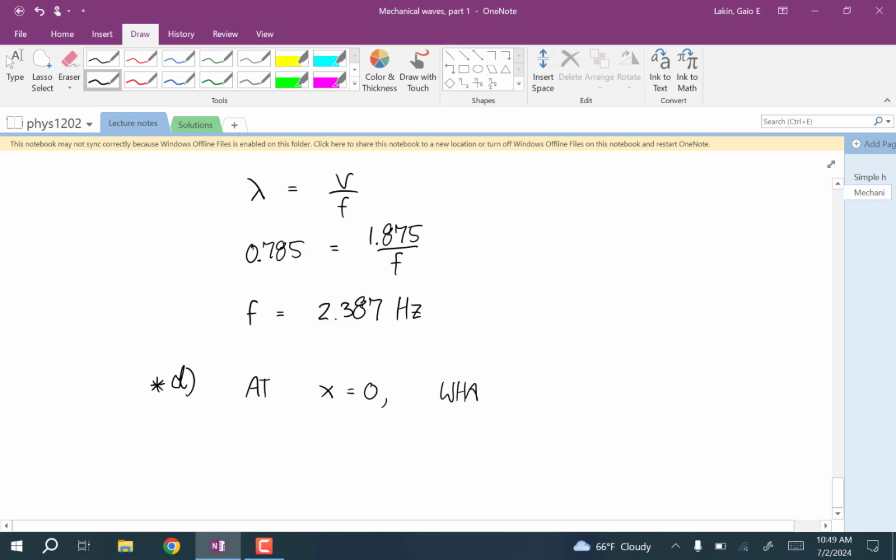And we want to know, what does a y versus t graph look like for this oscillation? You know, each one of these points is just oscillating.